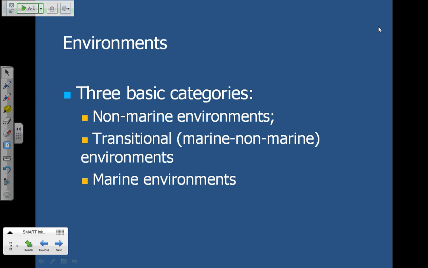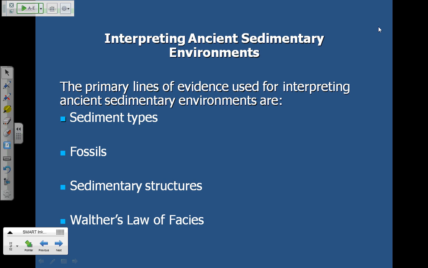And then the third one is marine. So three basic categories of environments. Now, we have different subcategories within each of these, and we'll look at some of those.